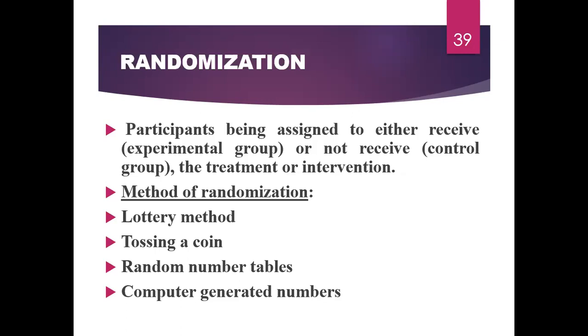There can be many methods of randomization. Lottery method can be used, tossing a coin, random number tables, computer generated numbers. Randomization occurs at 2 levels: random selection and random assignment. It is placing the study subjects on a random basis. Random selection is the process of drawing the sample from a population by chance. Random assignment is assigning the subjects or participants to different groups or different types of treatment.